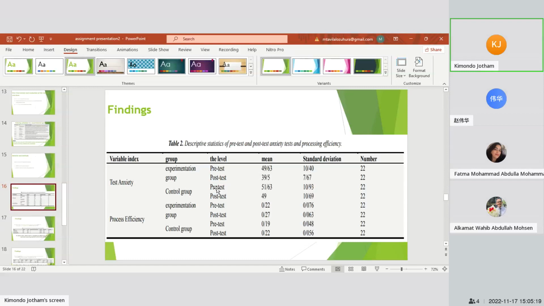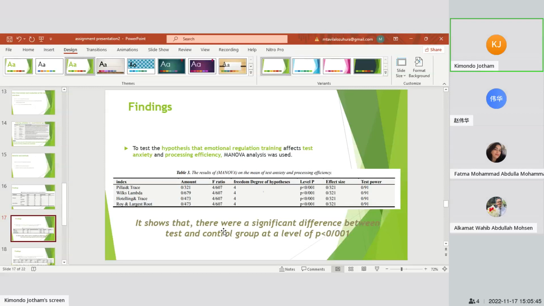In the pre-test, they see that there is a significant difference between the control groups, and there is a significant difference in test anxiety and processing efficiency before the training and after the training.